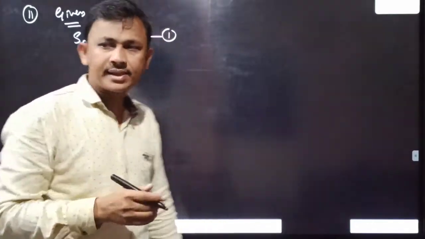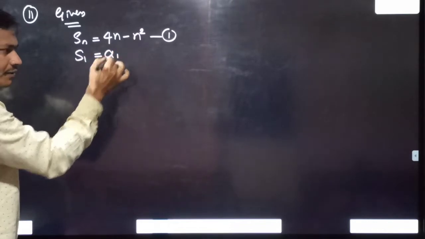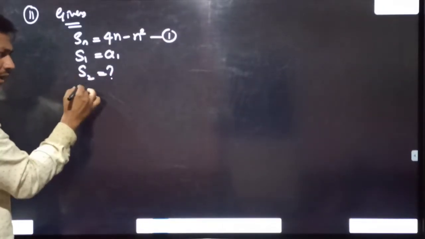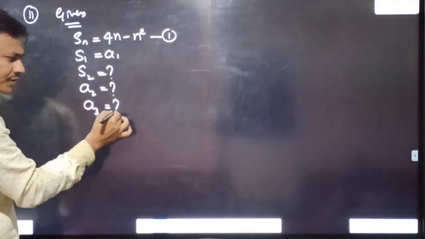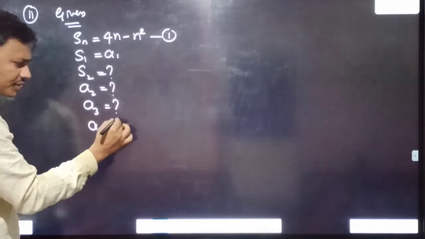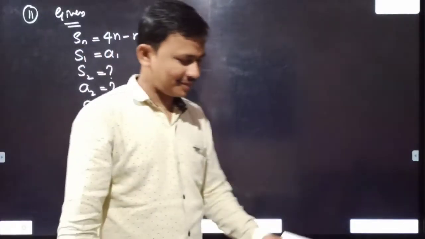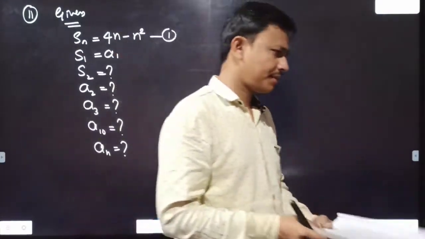First term, that is A1, or S1 is equal to A1 only. Then S2 is equal to question mark. Then A2 is equal to question mark. Then A3 is equal to question mark. A10 is equal to question mark. An is equal to question mark. We need to answer these, and the nth term, that is about An only.